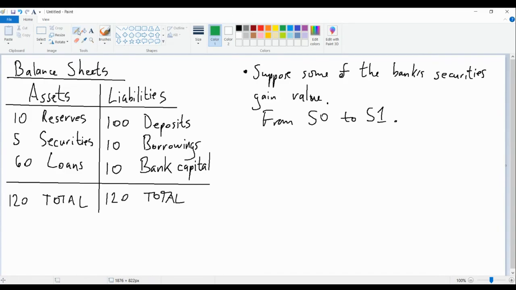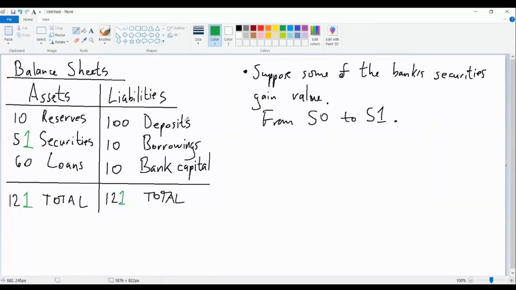The assets gain value, so now it's 51. This is no longer 120, it's 121. And of course, this is also 121. Why? Because the total value of the assets that the bank controls has risen.